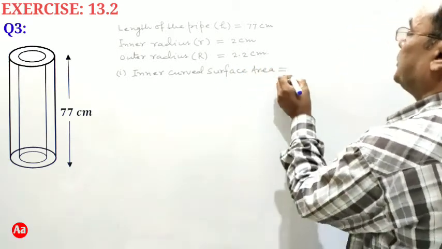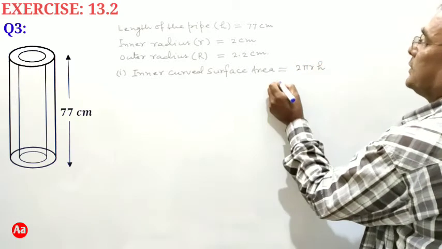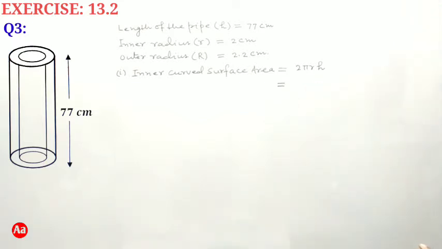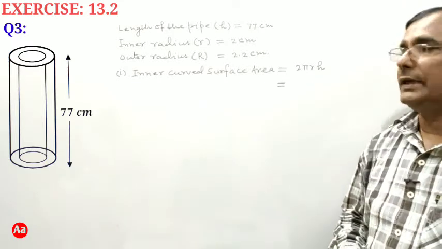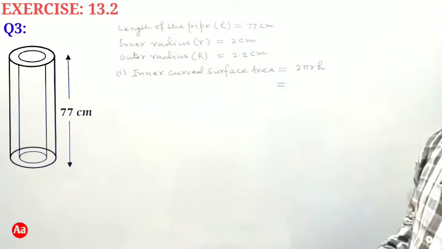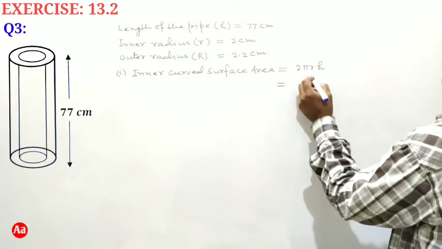Formula is 2 pi rh, and let's put values of pi 22/7, radius 2 centimeter inner radius, and length of the pipe, that is h, 77 centimeter here in the formula.